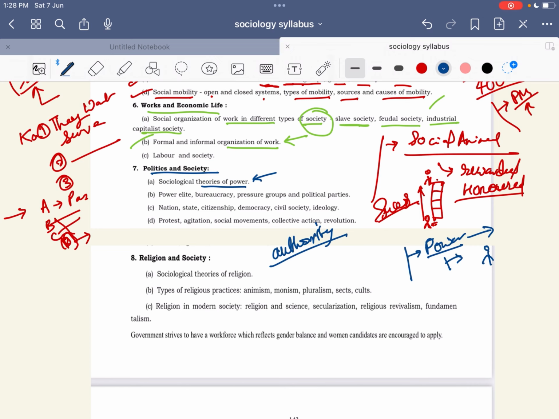Like SP, DM, judge, they all have authority. They don't have power, because they will do work on the basis of the power which is given legally to them. Okay, they cannot do illegal work, and if they do illegal work, that is not called authority, it is called power, and then they will be subjected to punishment by the law.